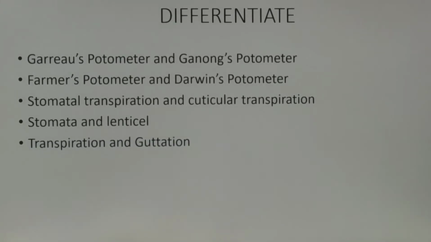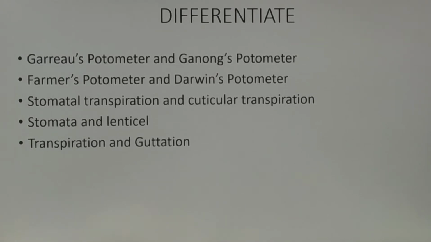Then transpiration and guttation. Transpiration is the loss of water in the form of water vapor from the leaves or from the aerial parts of the plant, whereas guttation is the loss of water in the form of water droplets from the margins of leaves or through vein endings.